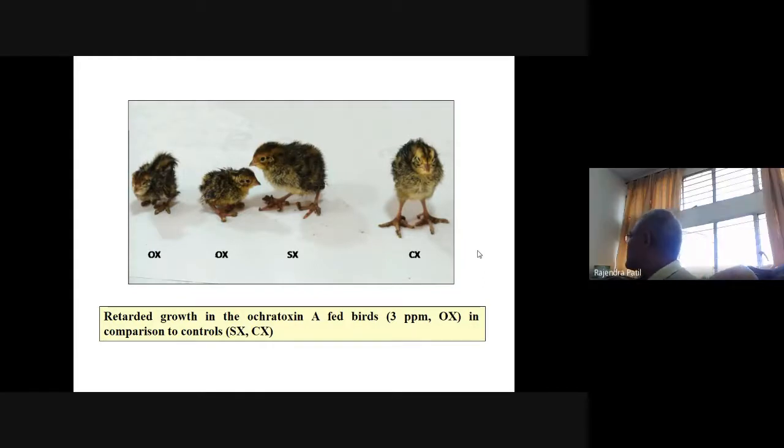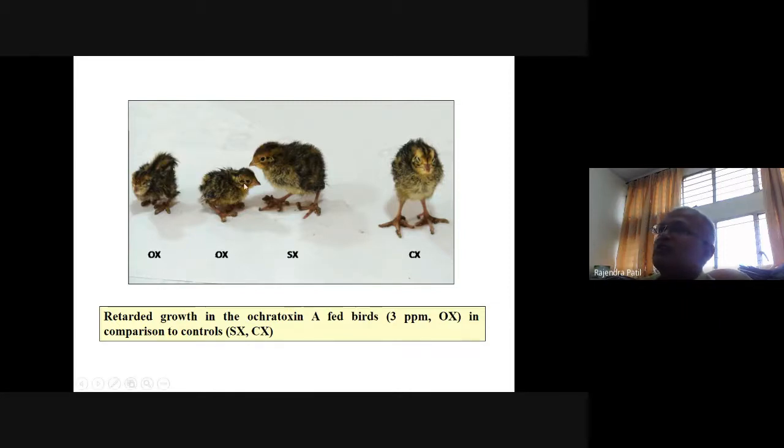Okay, so this is a picture from an experiment where we gave 3 ppm ochratoxin A for 21 days in Japanese quail. You can see the ochratoxin A treated birds, the OX birds.